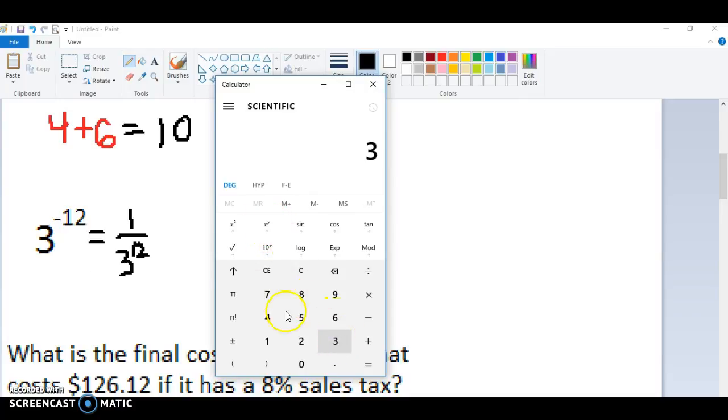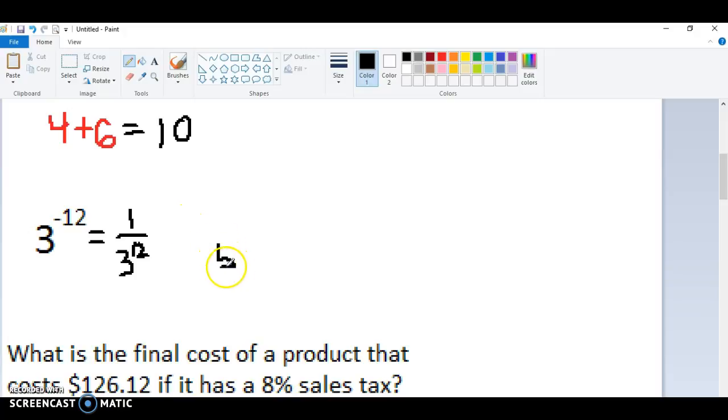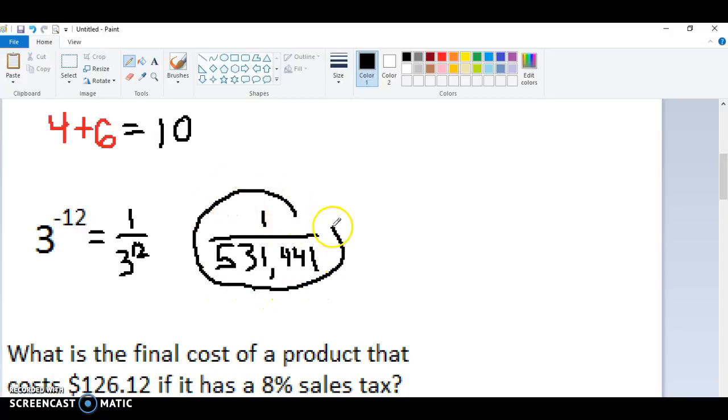So if I hit 3, XY, 12, equals, I'm going to get the number that it's supposed to be: 531,441. Now remember, this is in the denominator, so on top is a 1. That's a very small fraction.